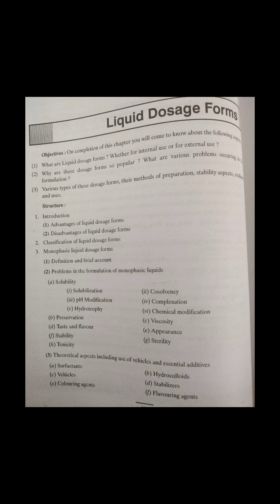Also, one most important point that is important to be mentioned here is the quaternary ammonium compounds. They are inactivated by a variety of anionic compounds. So we should take care of that.